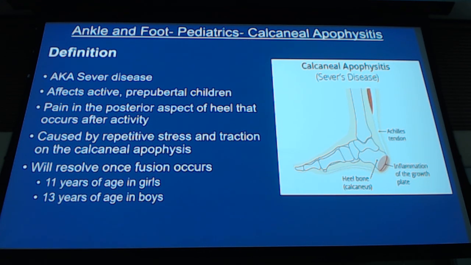All right, enough segue. So you get repeated stress and traction on that apophysis, and it just continues to irritate the patient and continues to pull away. In a lot of cases, this thing will fuse by the time patients get into their preteens, right?